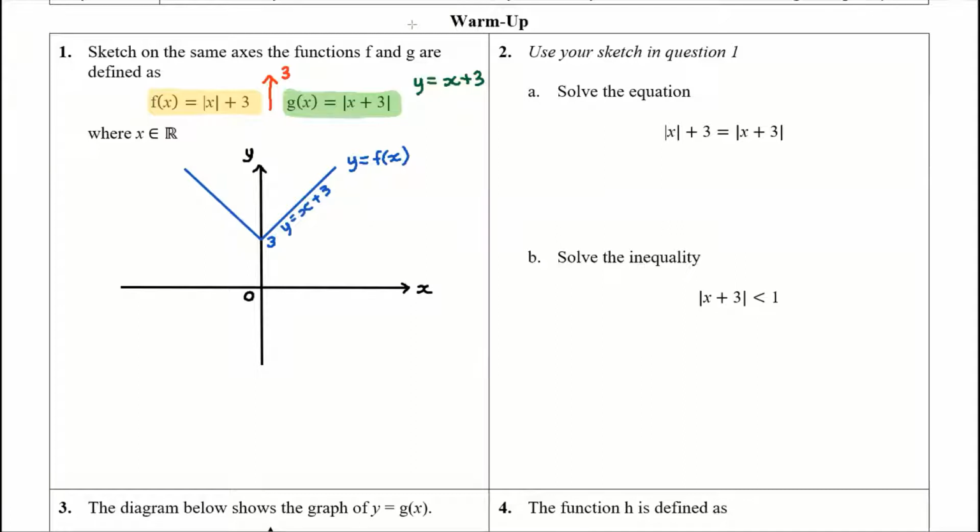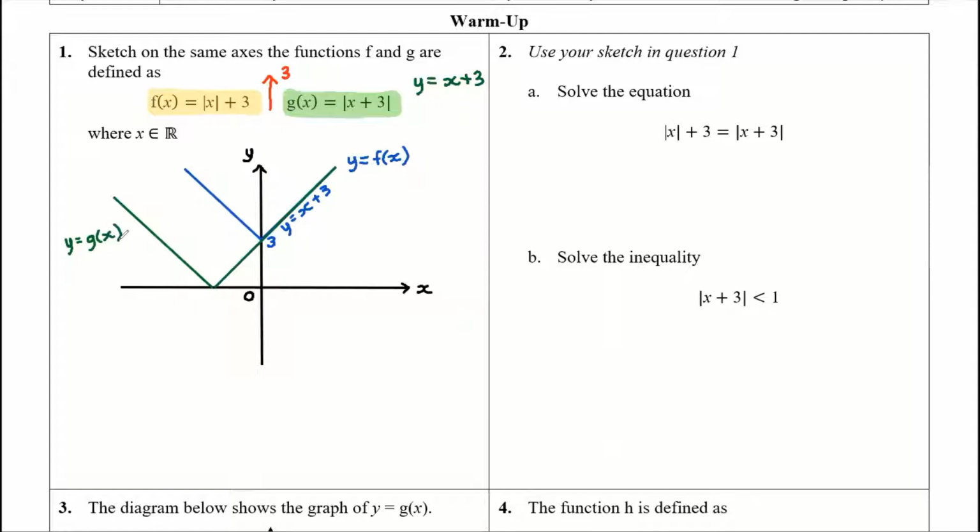So if I put that over the top, it's going to do something like this. So this is y equals x plus 3. And if I take the modulus of the whole thing, we're going to have this situation. Okay, and they haven't quite met up, but never mind. So let's label that. So this is y is equal to g of x.